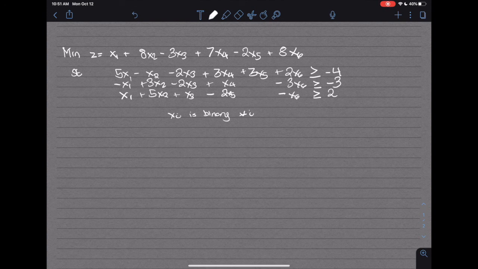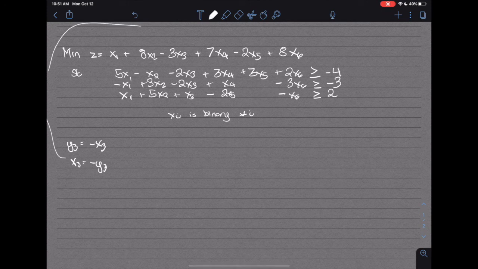You might think that letting y3 equal negative x3 is already a sufficient transformation. You're correct, though. When we go x3 is equal to negative y3 and plug that in your objective function, the coefficient of x3 will become positive. However, it will not maintain the binary status of the problem.